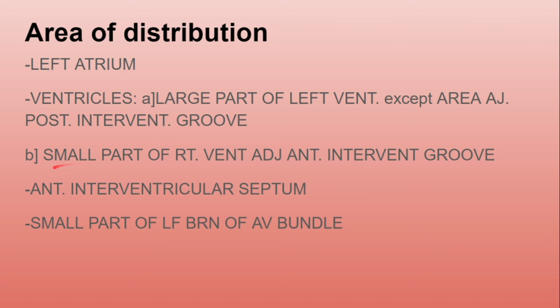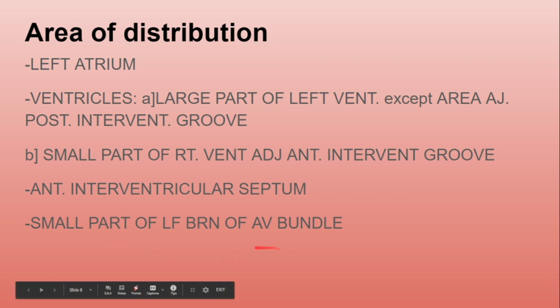Okay, and a small part of the right ventricle, that is the area adjoining the anterior interventricular groove. The anterior interventricular septum also, and a small part of the left branch of the AV bundle, because the rest of the conducting bundle or conducting branches of the heart are supplied by the right coronary artery, and only this part is supplied by the left coronary artery.